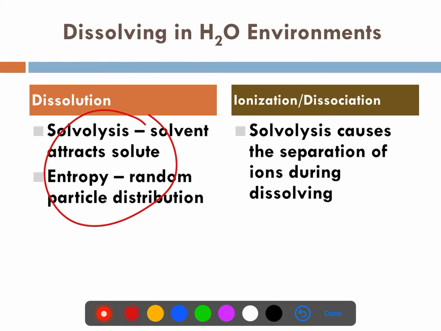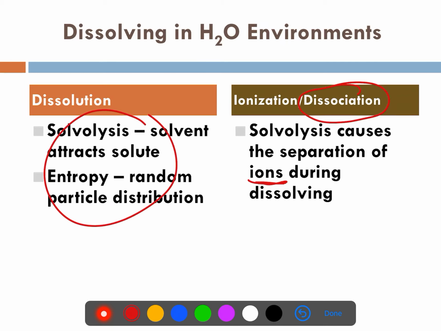We also said like dissolves like. So polar dissolves polar materials and nonpolar dissolves nonpolar, and then we didn't do anything with how nonpolar dissolves nonpolar. Nonpolar undergoes solvolysis and entropy, just like polar does. The only difference is with a polar material, you get a complete stoichiometric separating into ions.